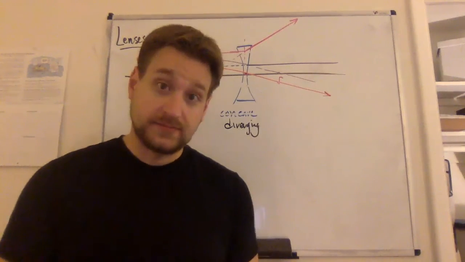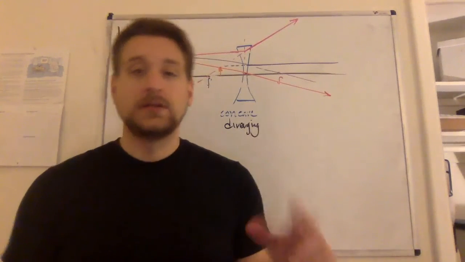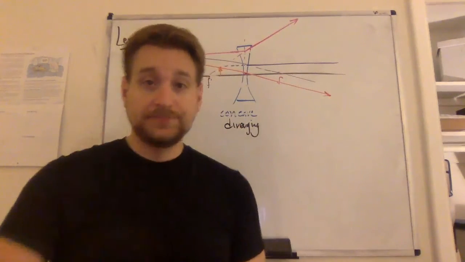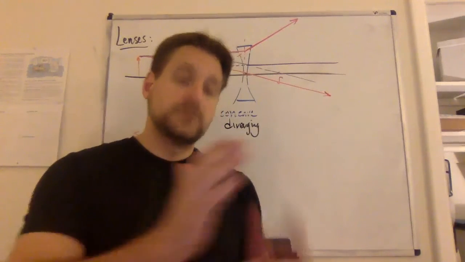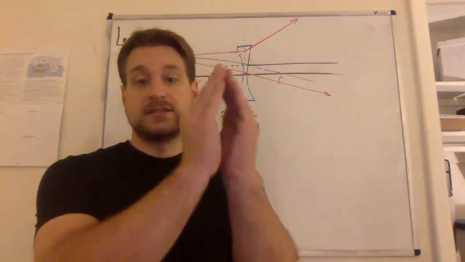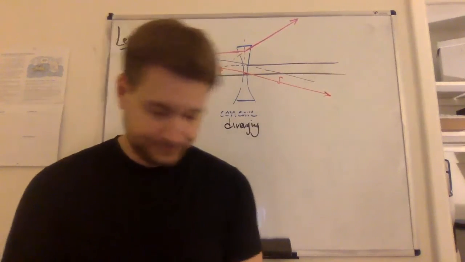The answer is yes. Everything we said for a concave converging mirror is true for a converging lens. Just a converging lens is convex.